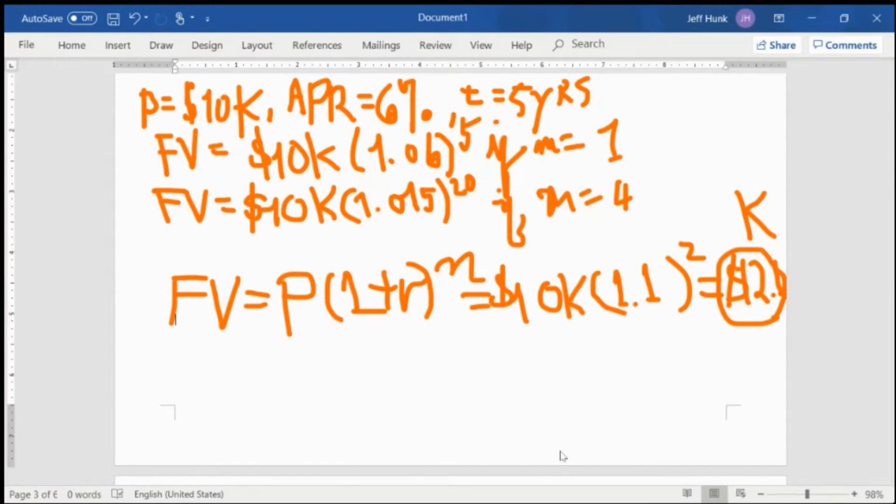So this CD or bond is worth something, right? It's worth 12.1K 2 years from now, but the question is, you don't know how much it is worth today, because it will be 12.1K 2 years from now, but not just yet.